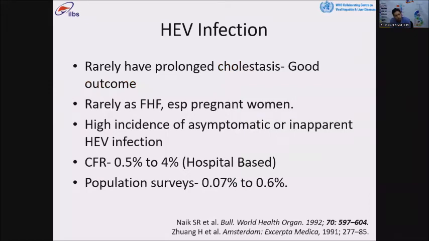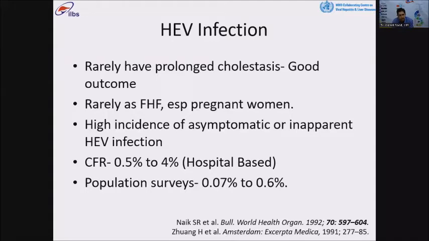Hepatitis E also presents in the same way as hepatitis A. The important point to note in hepatitis E is that it has a higher risk of liver failure in pregnant women. The etiology and pathogenesis is still not clear, but they say that compared to hepatitis A, if a pregnant lady suffers from hepatitis E infection, there is high likelihood that she may go into liver failure.